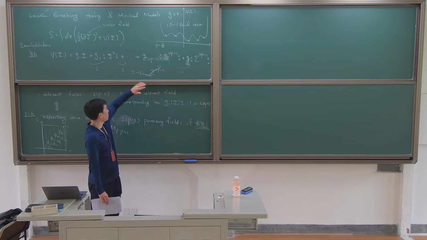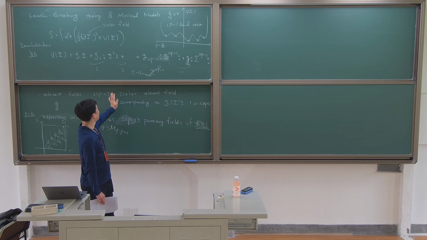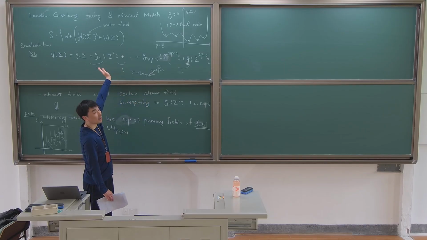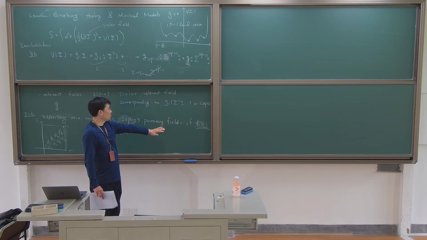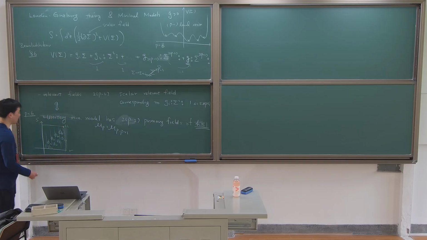When you compare with the scalar relevant fields in the Landau-Ginzburg model, there are primary fields in other places, but those primary fields have conformal dimension greater than or equal to 1. Why do we need to consider h less than 1 when you consider the correspondence? Does anybody understand?